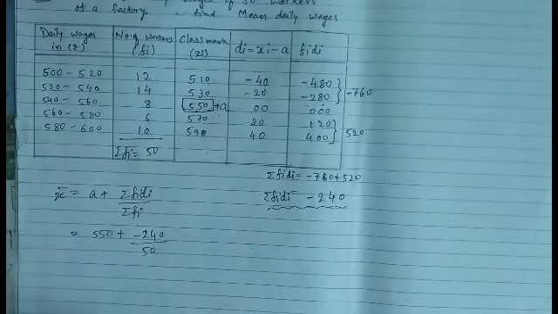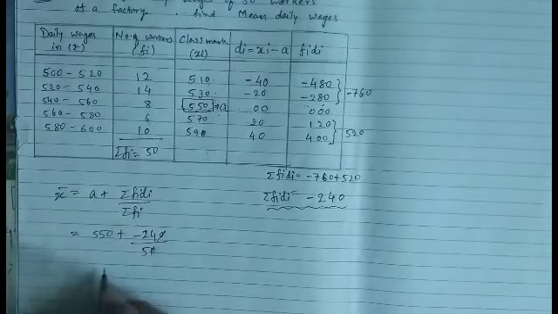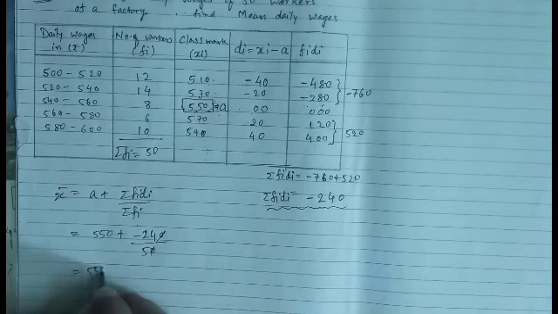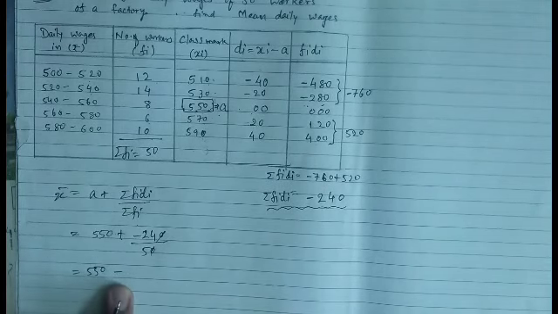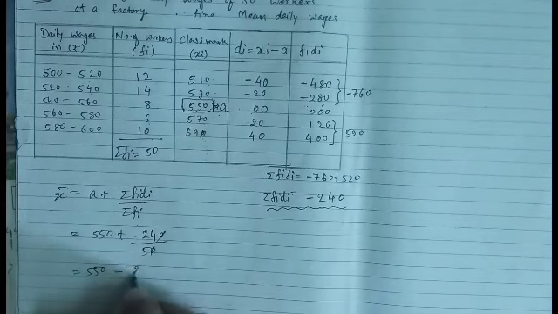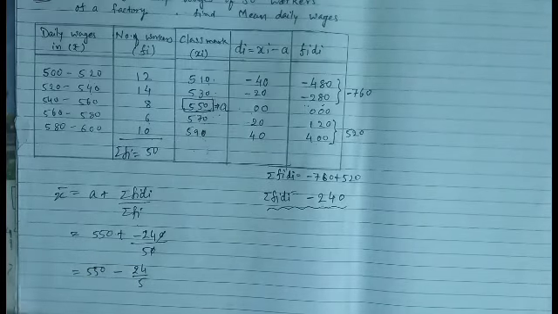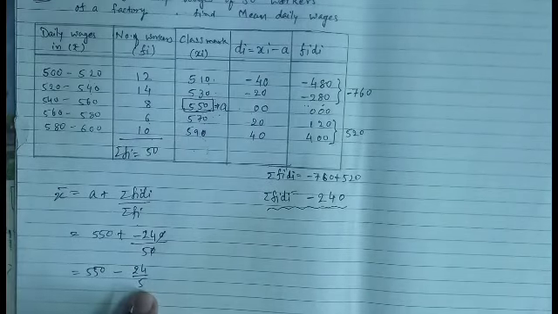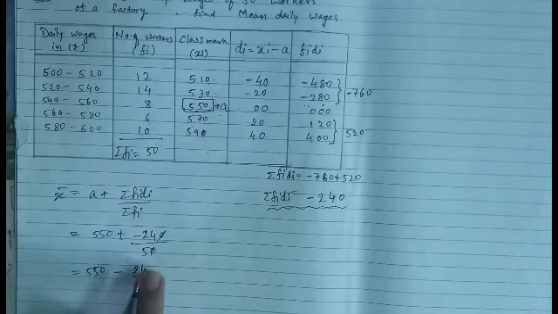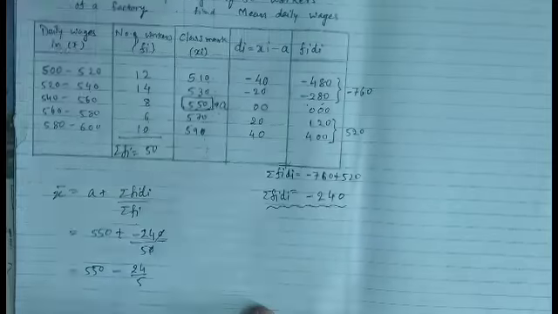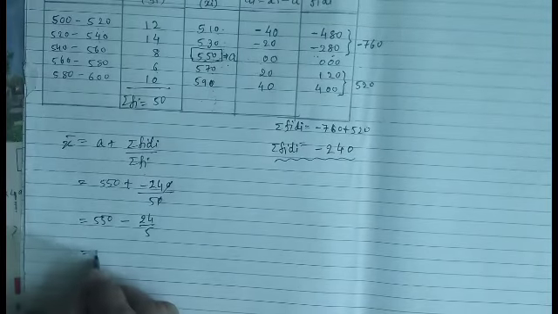Cutting the zeros, we get 550 plus minus, you should be very careful here for the sign, 24 upon 5. Now at this step, what you should do? You should divide 24 by 5.